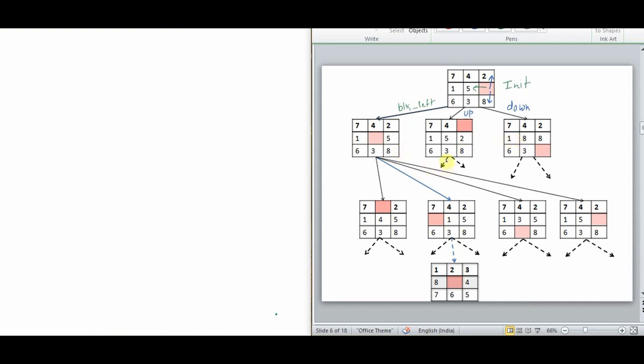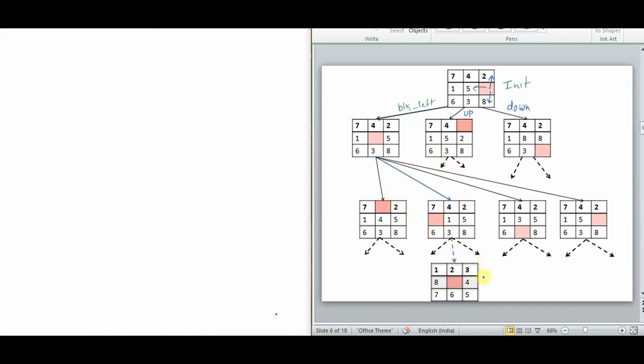And similarly, see here, the dotted arrows mean this graph, this particular tree, will go on continuing. Suppose I have not shown the intermediate steps. Say directly you reach this configuration, and from here, one of the configurations is here. If you ask me what the path is, it is from this node to this node, from this node to this node, this node to this node.